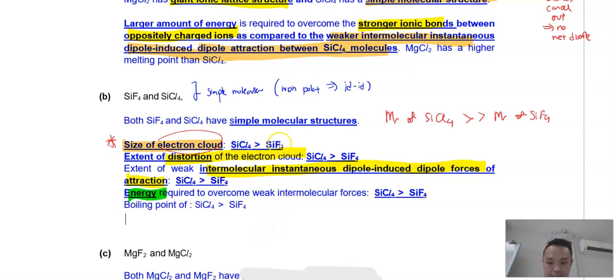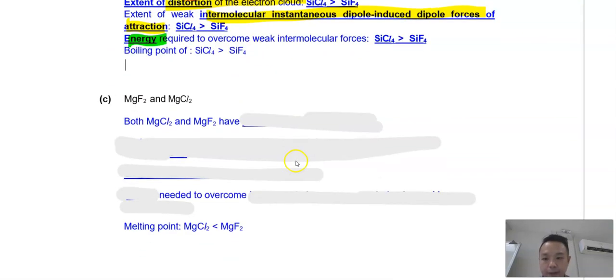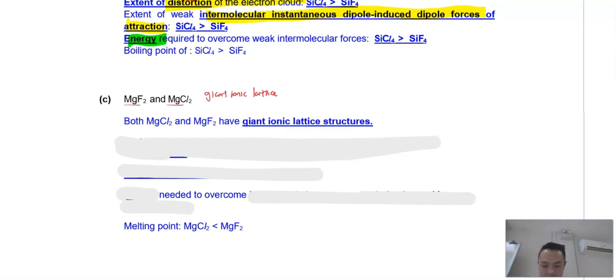Okay, last part, part C, for magnesium fluoride and magnesium chloride. These are both your giant ionic lattice structure. So recall what we discussed in the earlier question when we compared ionic bond strength, in question 2 of the tutorial. We look at this formula, right?